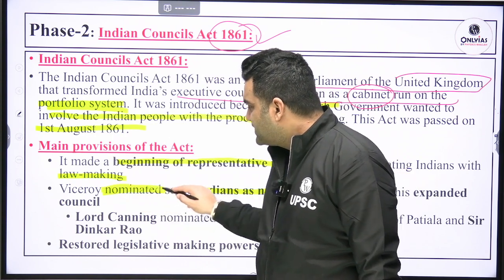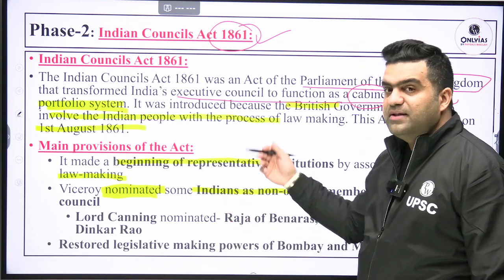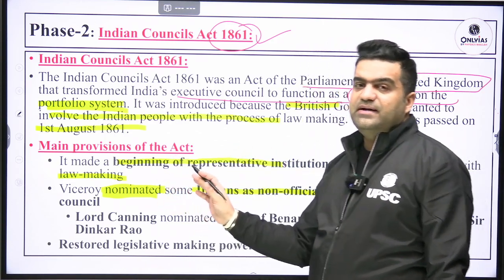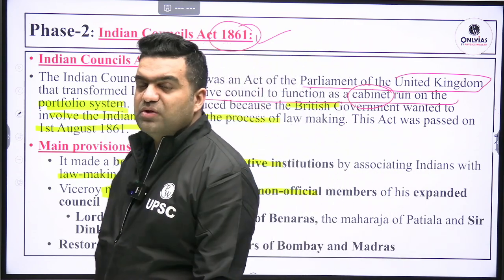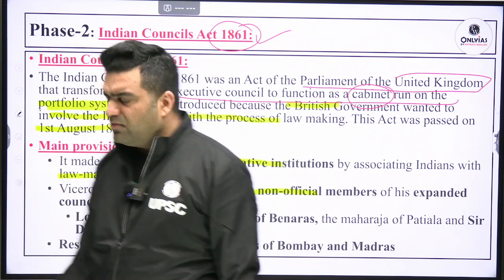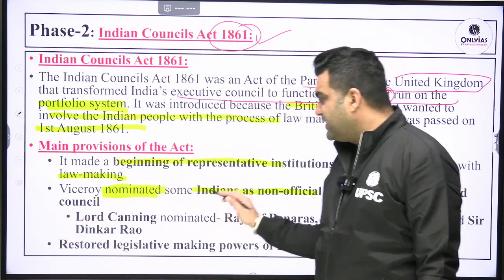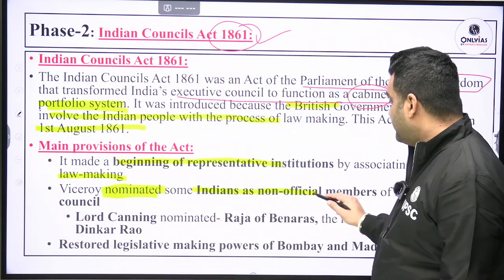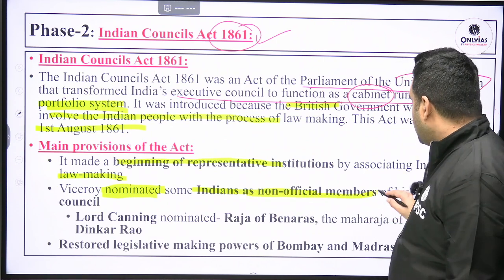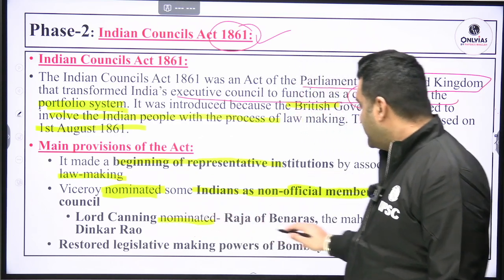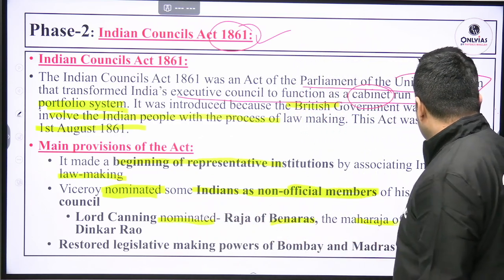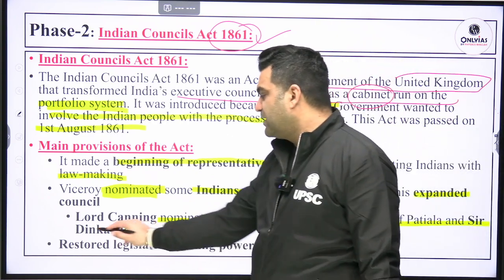No, Indians were to be nominated, until the Morley-Minto reforms of 1909, when the separate electorate was started. Until then, the Viceroy would nominate some Indians as non-official members of his expanded council. Lord Canning nominated the Raja of Banaras, the Maharaja of Patiala, and Sir Dinkar Rao.